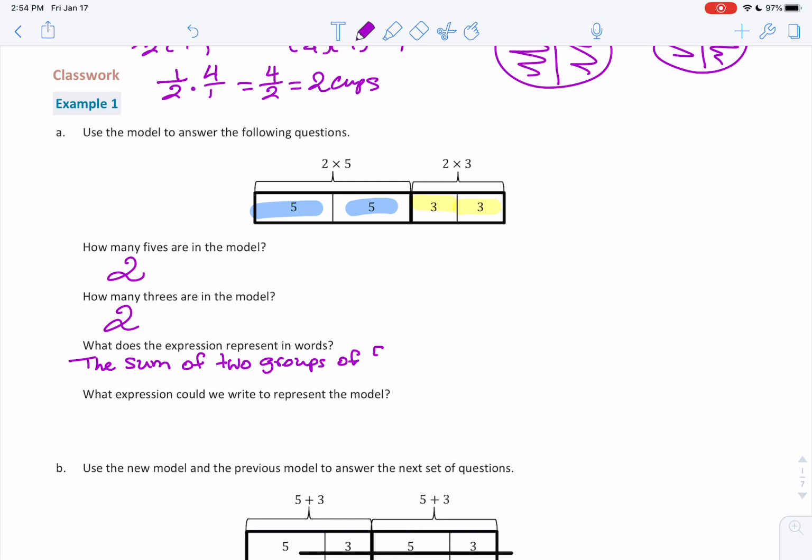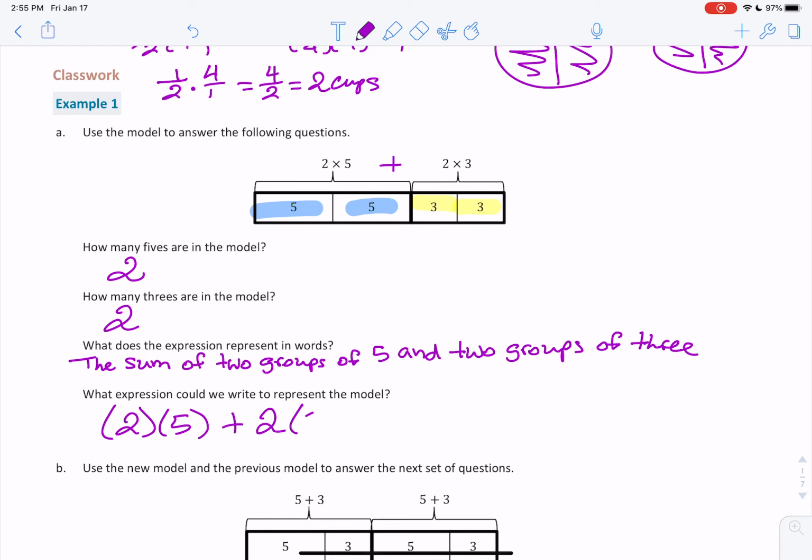Now, you need to remember that sum means addition. So this is 5 and 5, 2 5s, and they're adding to those 2 3s. So it's the addition of 2 groups of 5s and 2 groups of 3. Okay? What expression could we write to represent this model? Well, if we have 2 5s, we could write 2 times 5 plus, there's 2 3s, so 2 times 3.